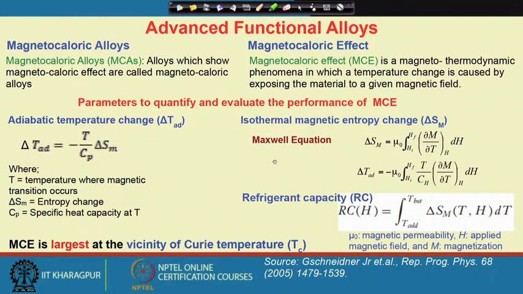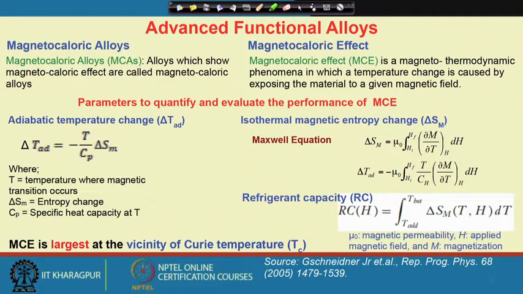Today we are going to discuss the effect of a magnetic field on the entropy change in a material, which finally leads to refrigeration, meaning the temperature change in a material that occurs due to the application of a magnetic field. So, let us start today's discussion about those functional alloys which are called magnetocaloric alloys.